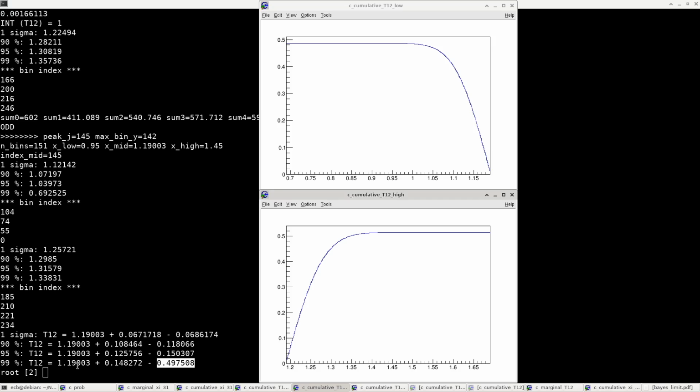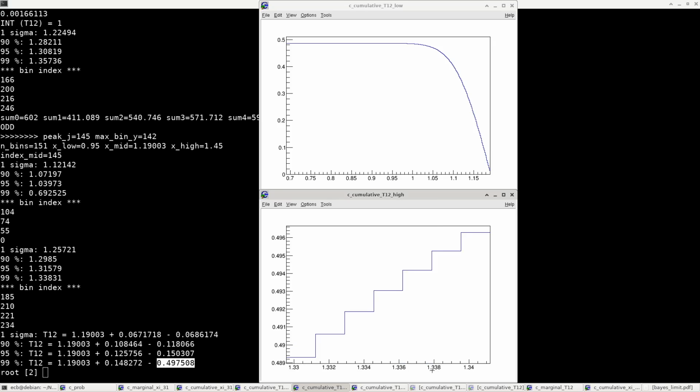So we have to add 1.19 plus 0.148. I'm not going to do that in my head. I'm going to do it using Python. So 1.19 plus 0.148. So it's 1.338 apparently. So 1.338 is in here. So we obtain a limit of 0.494.